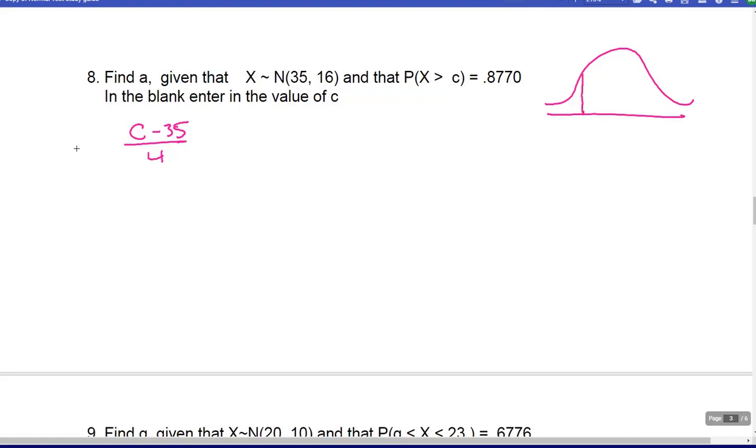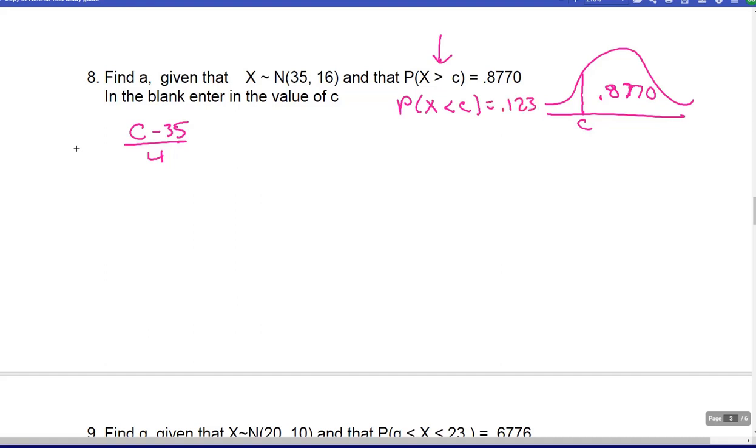And remember, I never want to use an inverse when it's above. So how can I rewrite this so it says less than? 1 minus 0.8770. What is that? 0.123.